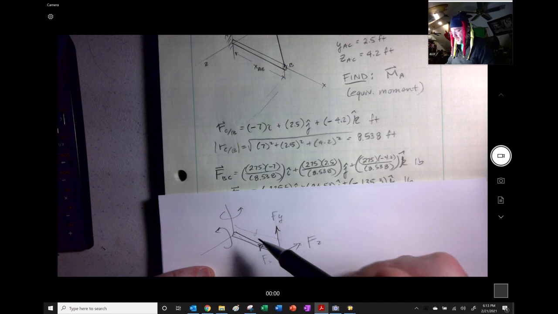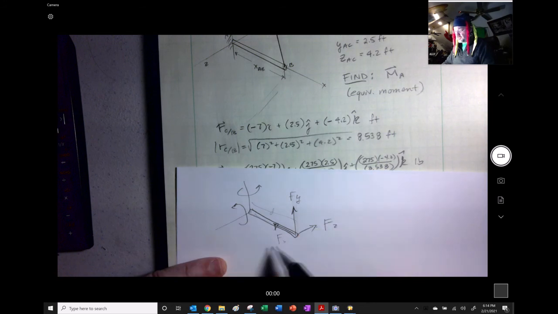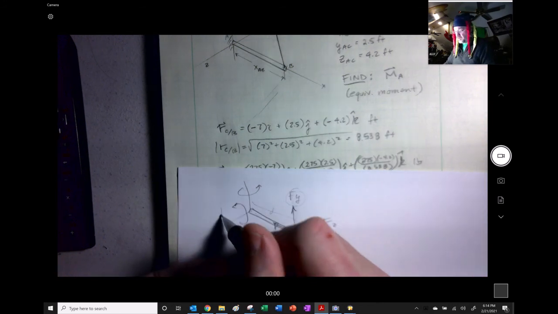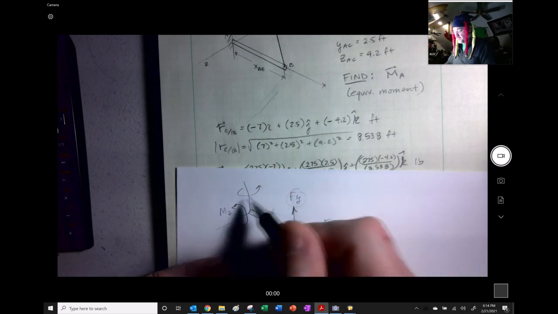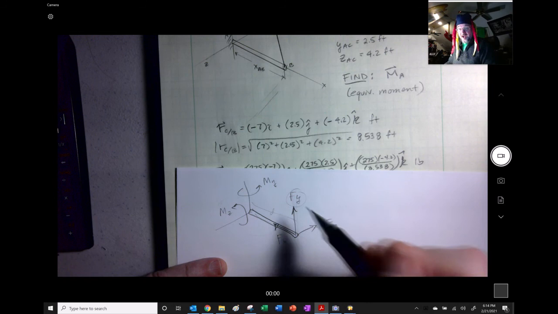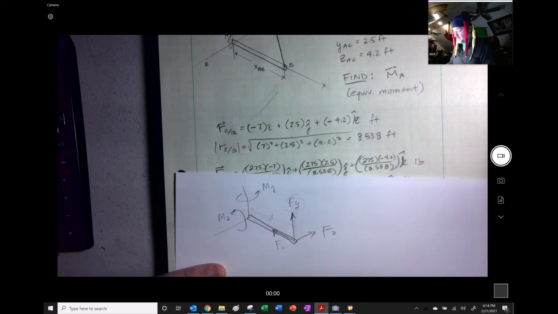So when you get done looking at these moments, you can see by the right-hand rule that's going to be a positive moment. The one that's causing that moment right here, we could call it Mz, that's positive. And then this guy right here, we could call him My. He too is positive, and he's caused by that Fz times that length.